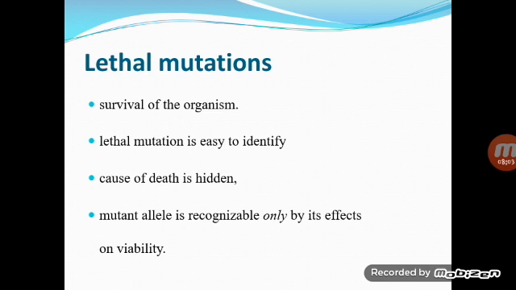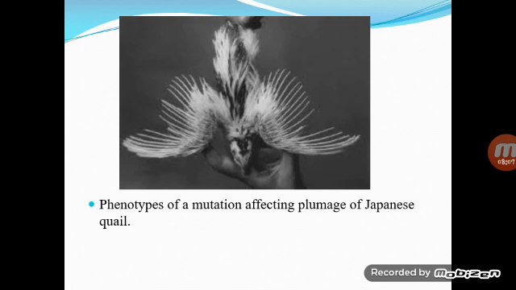Here the example is the lethal mutation as shown in the case of Japanese quail. This is a phenotype of a mutation affecting plumage of Japanese quail.